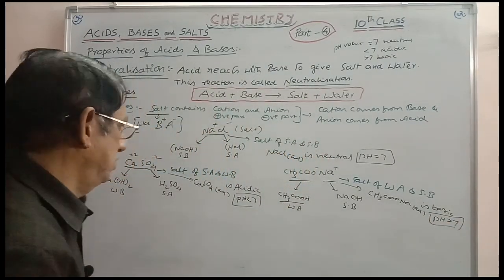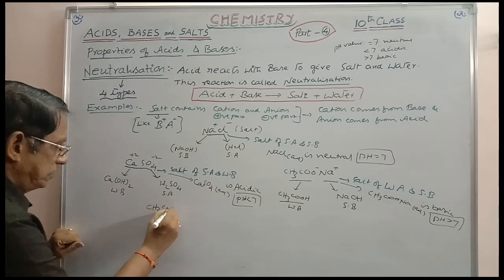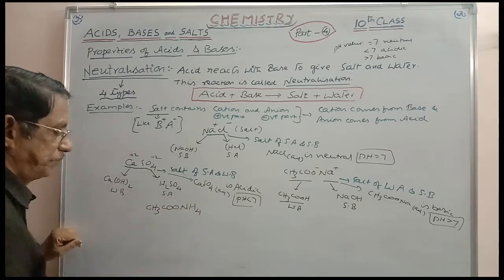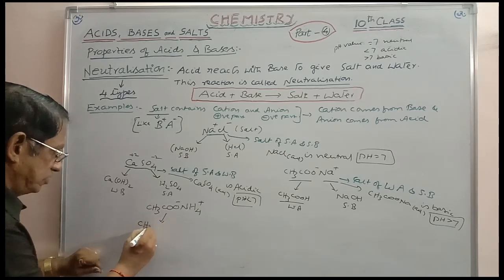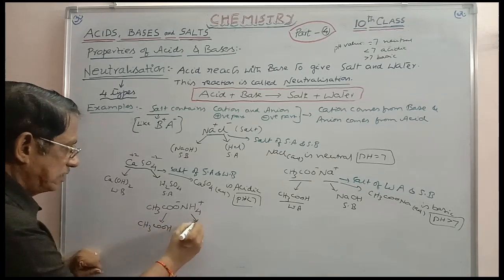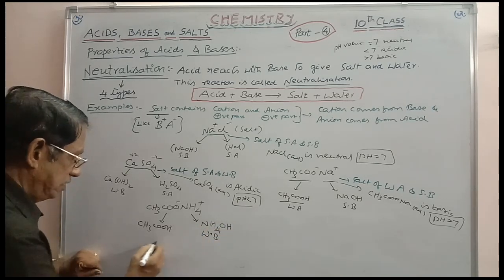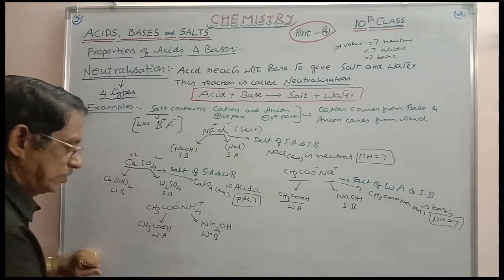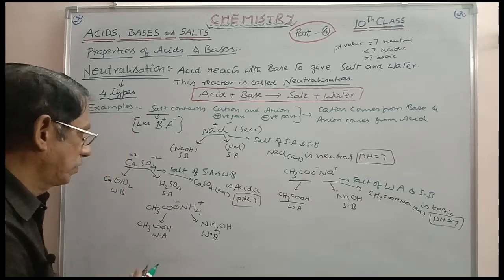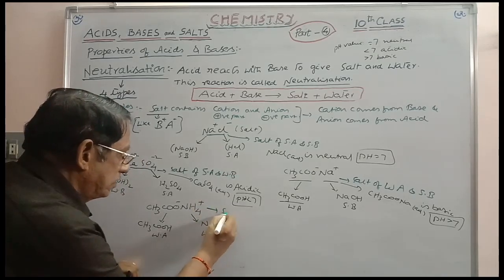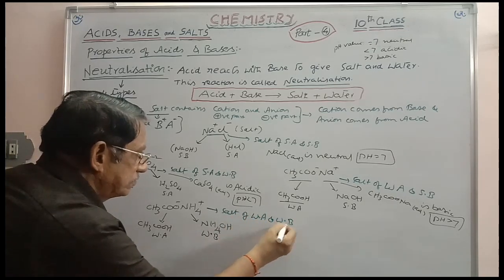One more example you can take here: ammonium acetate, CH3COO NH4, CH3COO- NH4+. This comes from acetic acid, this comes from ammonium hydroxide. Ammonium hydroxide is a weak base, acetic acid is a weak acid. Then what about the salt here? It is a salt of weak acid and weak base.